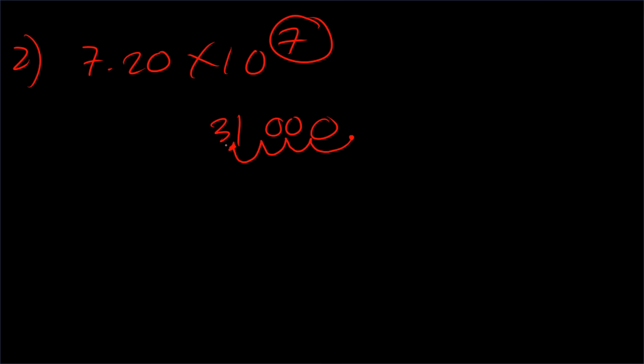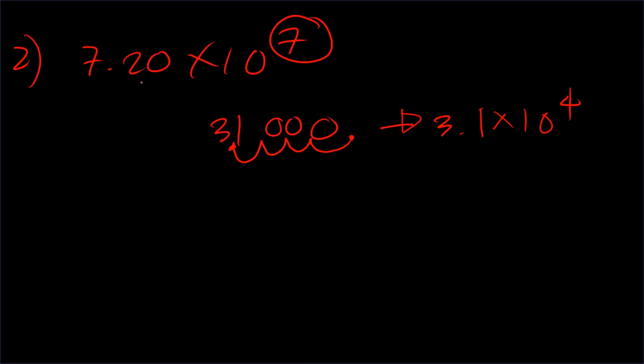So, para maibalik naman natin siya, kapag move natin siya dyan, magiging siyang 3.1 times 10 raised to positive 4. So, para maibalik natin sa 31,000, ang gagawin natin is just the reverse. Kung nag-move tayo 4 times to the left, mag-move din tayo 4 times to the right para ma-convert natin siya back to its original value.